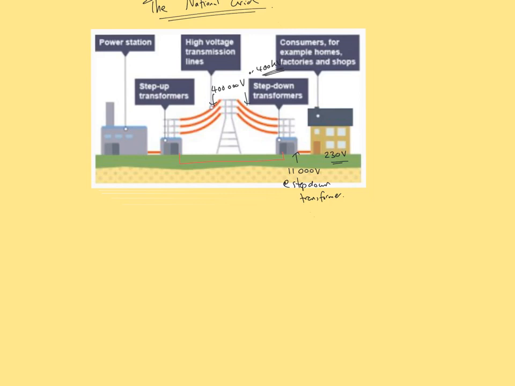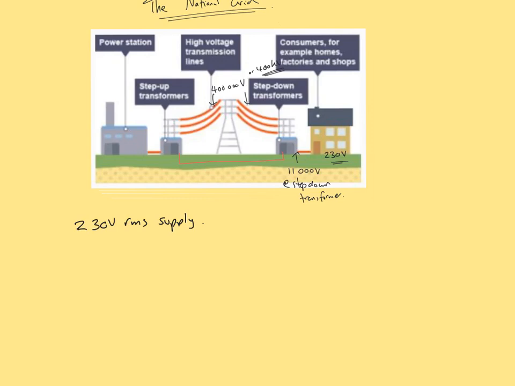So there's a few key things that you have to know about the national grid. First of all, it is a 230 volt RMS supply. We go into this in much more detail in a later topic.